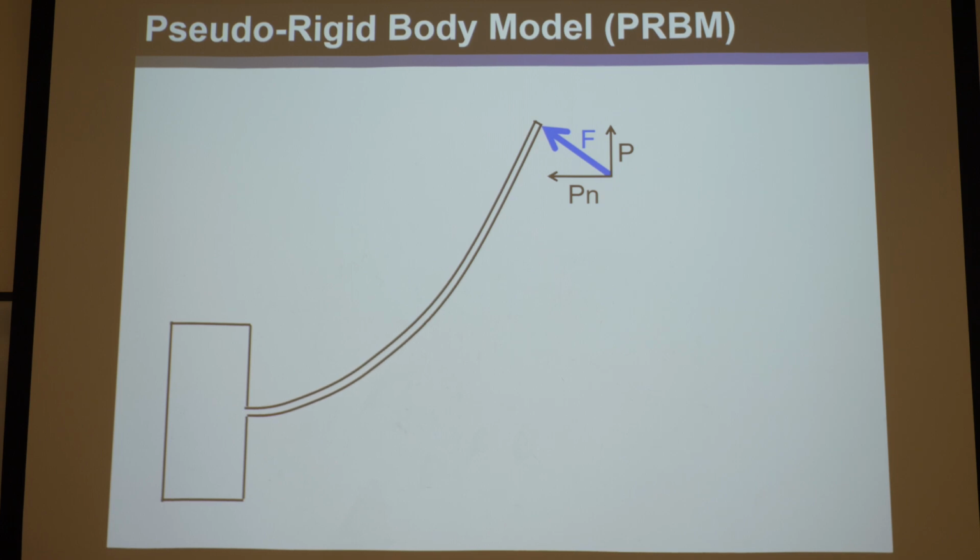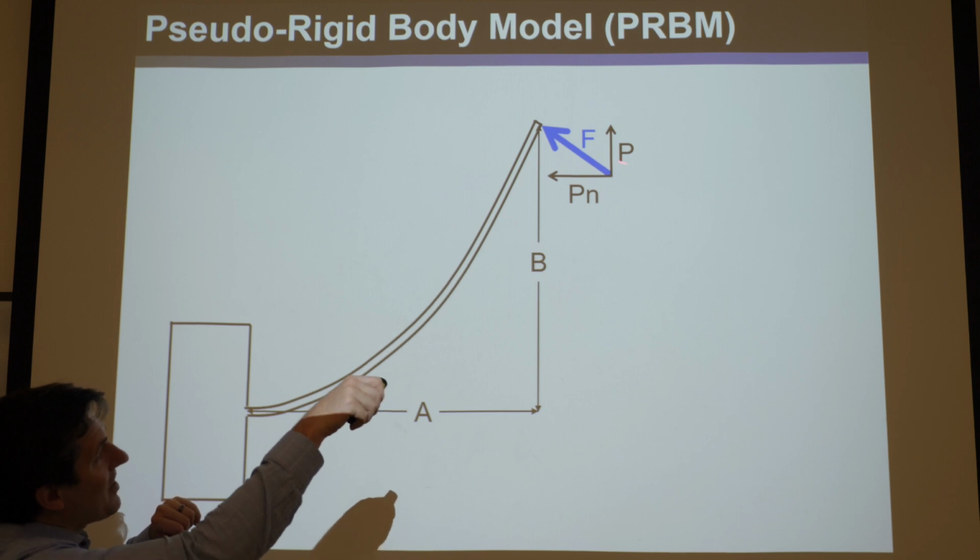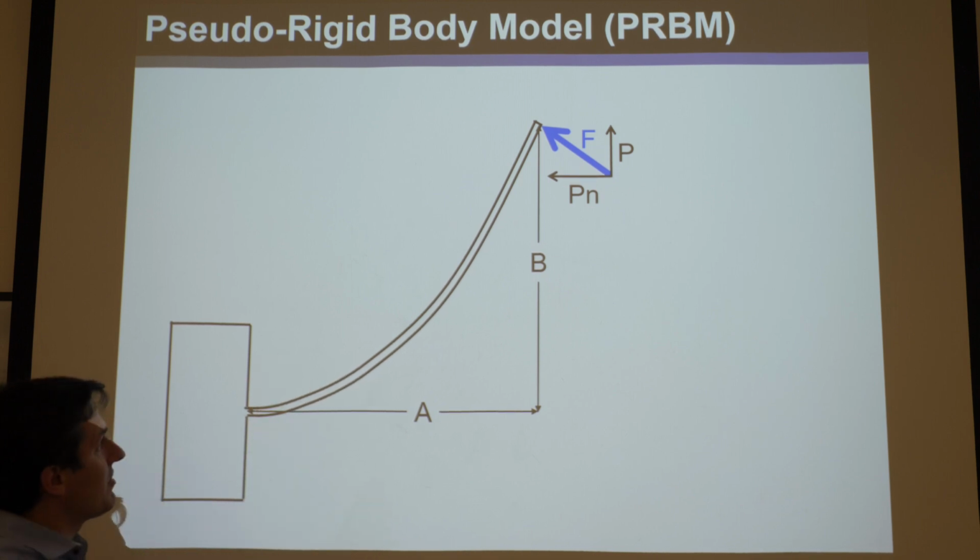So what Larry Howell did when he developed pseudo-rigid body model, he said, well, let's model this as if it were a rigid link kind of thing, and see if we can create a model that mimics this, to describe it, to simplify things. So it's like, okay, say you wanted to know what A and B were for a given force and direction.